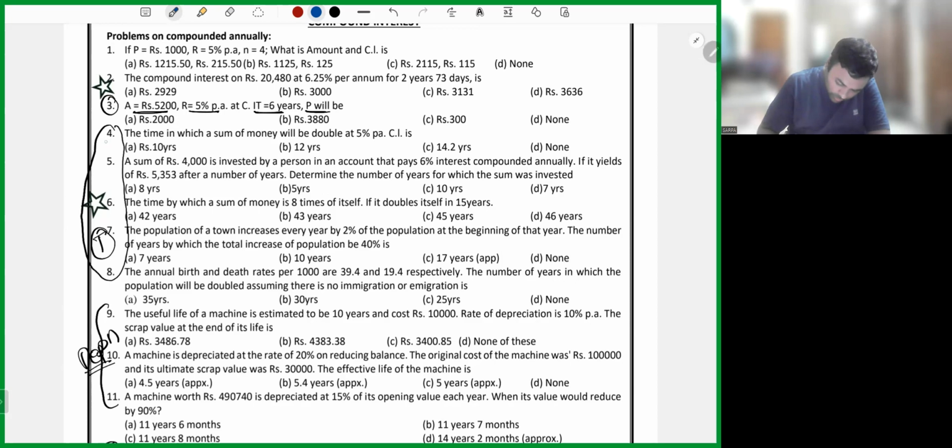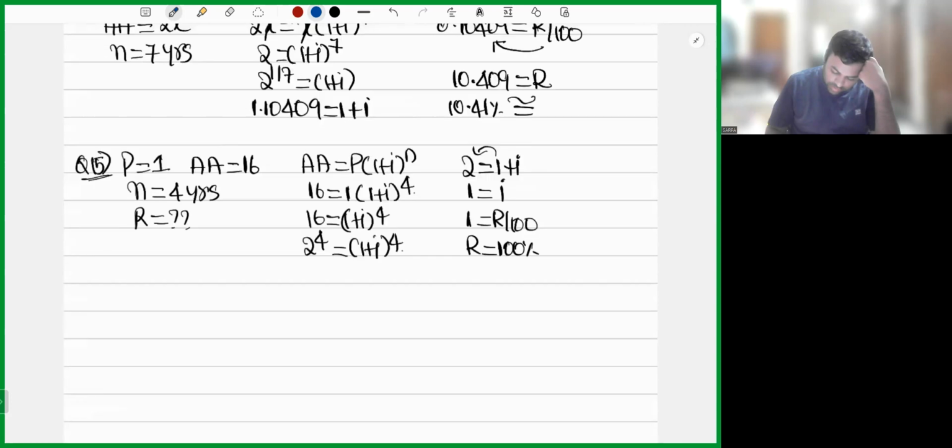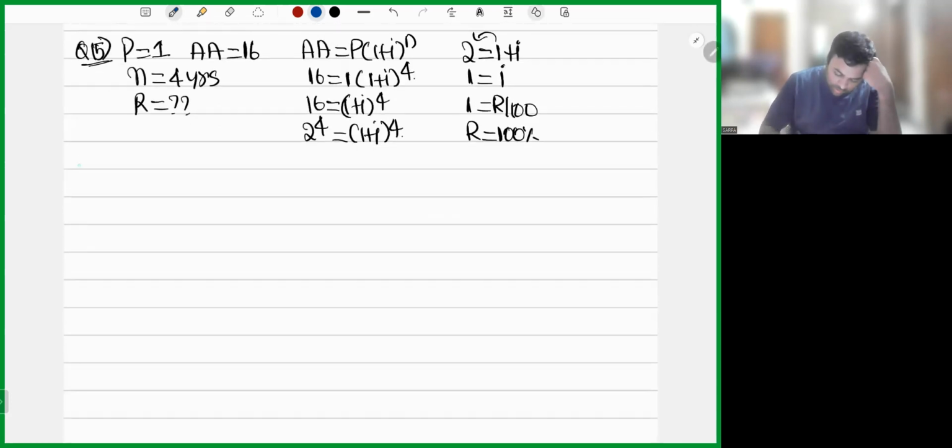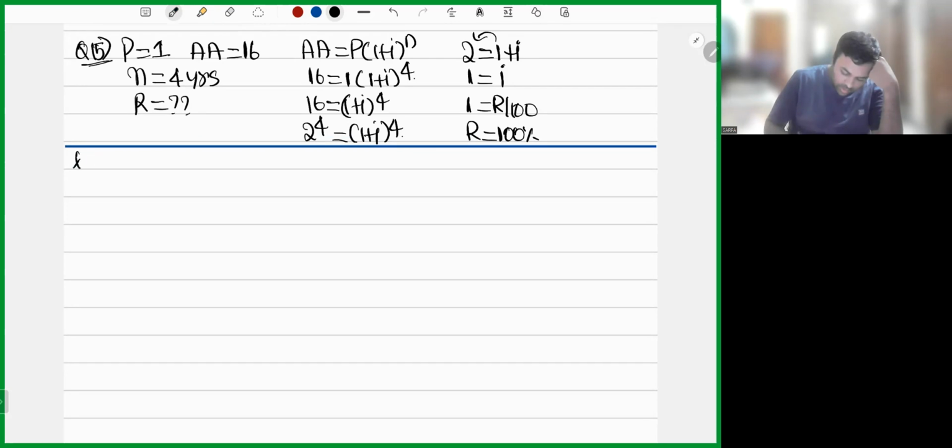Now, question number 4. The time by which a sum of money will double itself at 5% per annum compound interest. Let's go with the next concept, sorry. Time period missing sums.